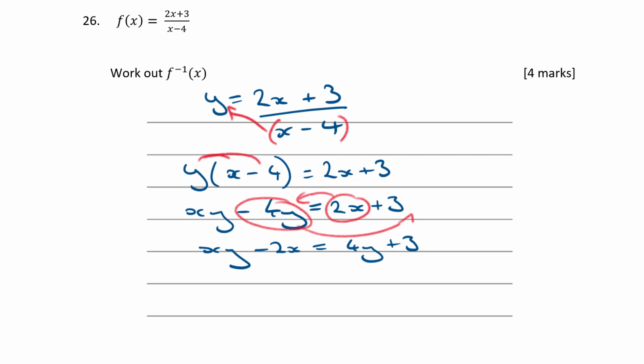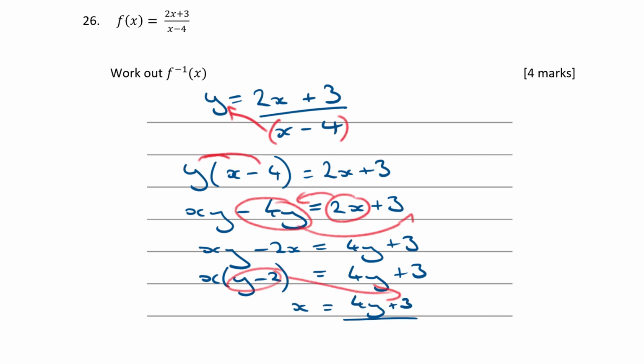Next thing I'm going to do is factorize the x out of these two terms. So I'm going to get x times y minus 2. The reason for that is I need to have one instance of the x. That's why I'm bringing them to one side and factorizing. I need to try and just get 1x because I want to make x the subject. Okay, and now what I can do is then just cross multiply this back down there. So I'm going to get x is equal to 4y plus 3 all over y minus 2.